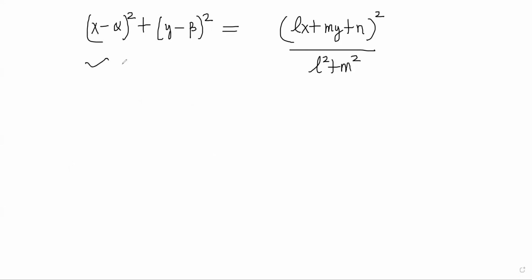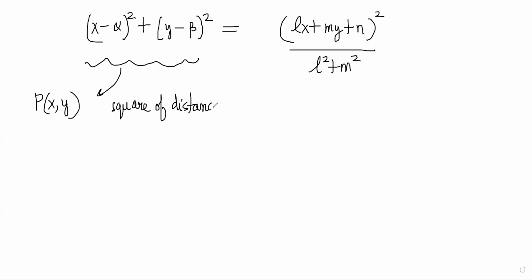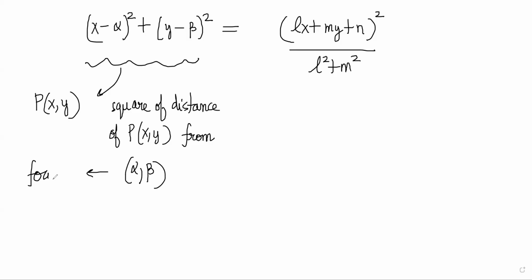What have I written here? If you think this is P(x, y), this side is the square of distance of P(x, y) from the known point (alpha, beta). So obviously (alpha, beta) becomes our focus, and this is basically PS square.